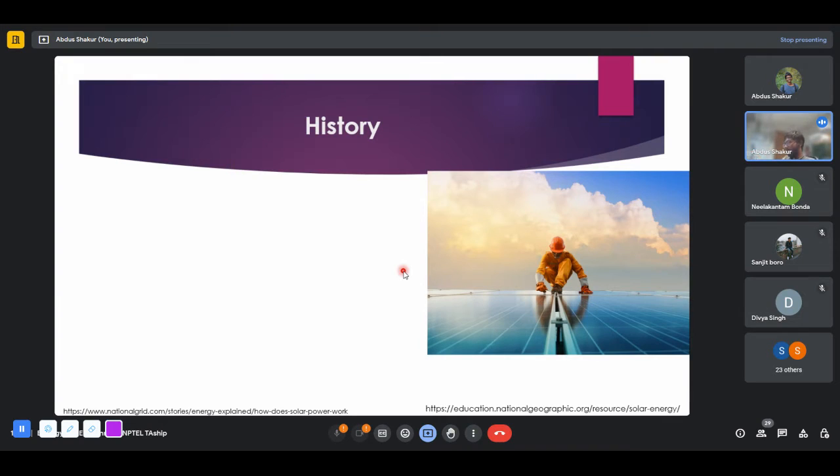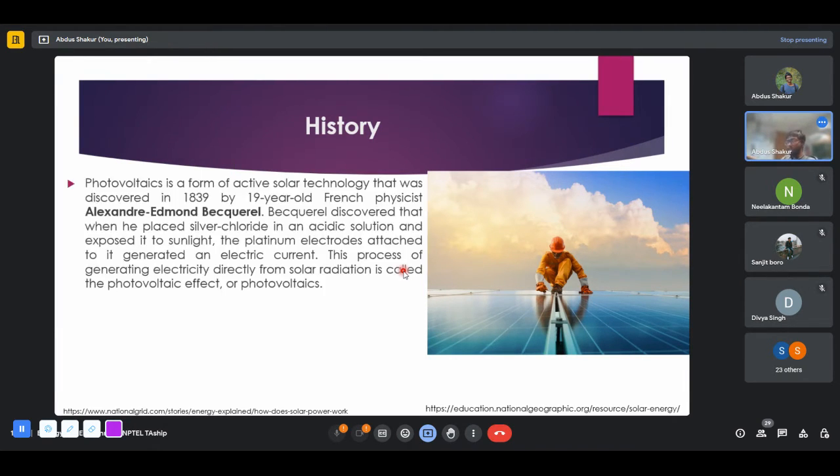We have been harnessing sun power for a long time. There is documented use of mirrors to create fire or heat things from past centuries by humans. But the concept of using light energy to create electricity was relatively recent.